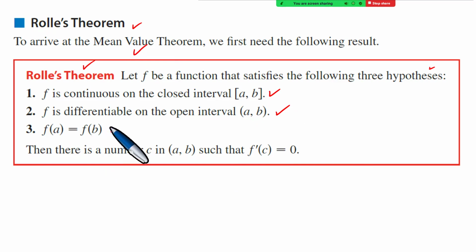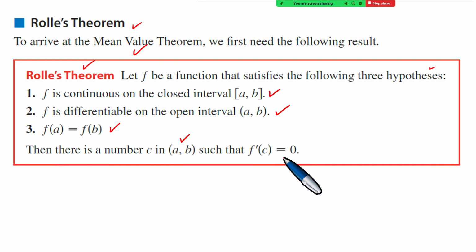Third, f of a equals f of b. What is the meaning of this? Then, if these hypotheses are satisfied, there is a number C in the open interval. Like in the case of the mean value theorem, this number C exists, such that f prime of C is equal to 0.